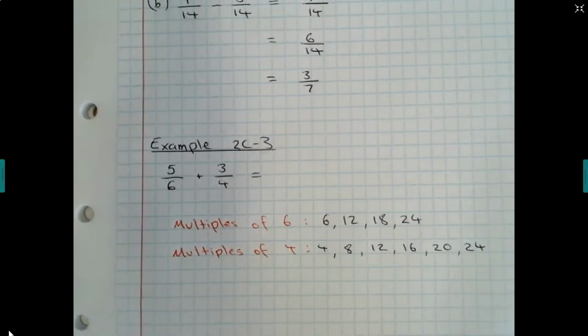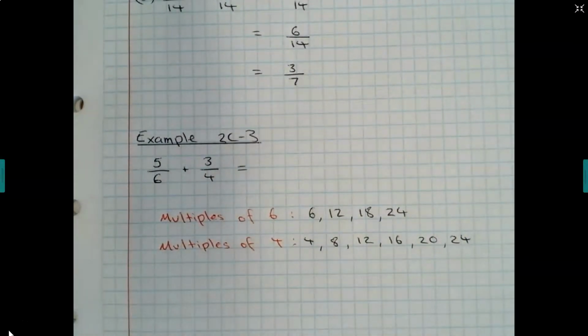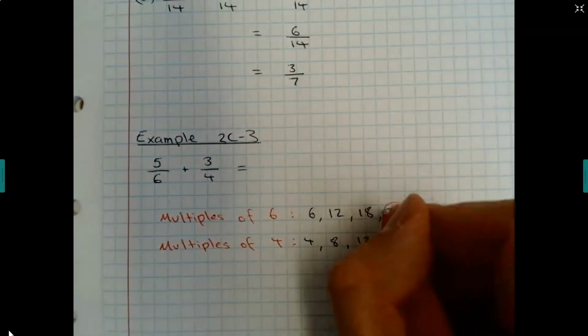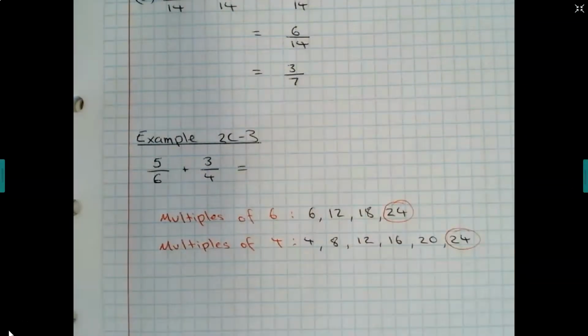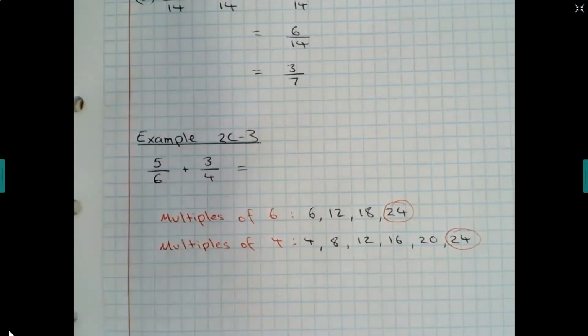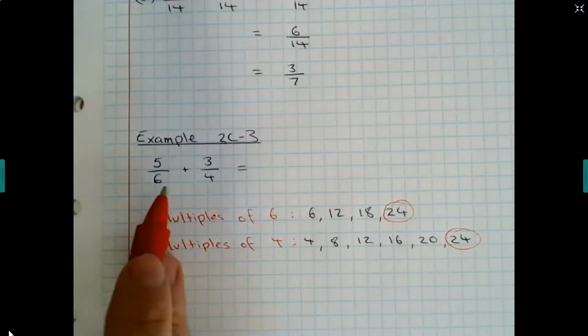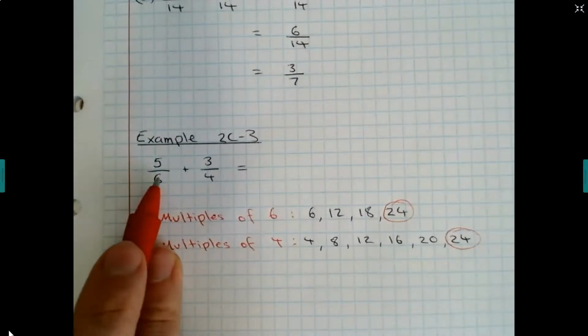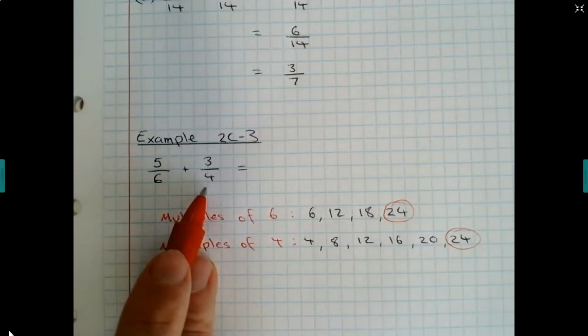Alright, can you see that we have a common multiple? Common multiple is 24. Now, some of you can do this in your head. I'm just writing these multiples out so you can see them. So now we need to manipulate this addition of this fraction in such a way that the denominators are the same. So at the moment, the denominator of this fraction is 6, the denominator of this fraction is 4.